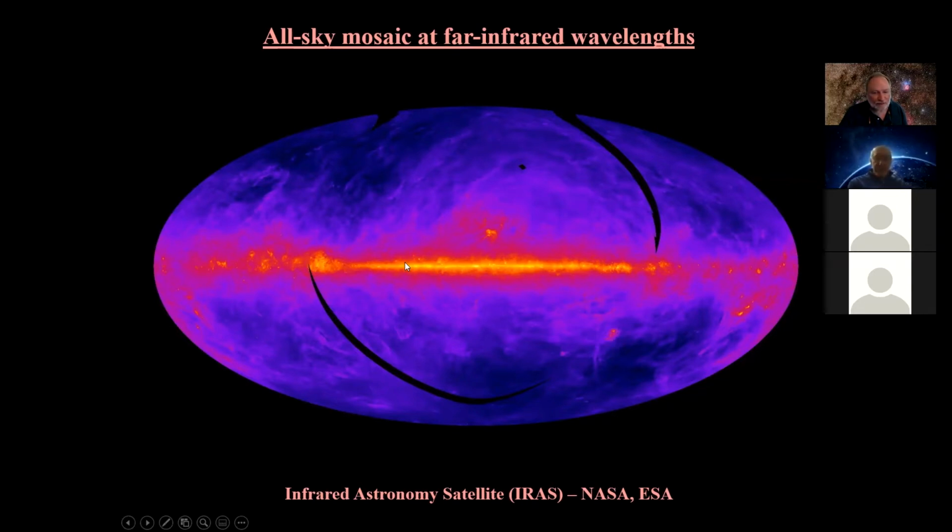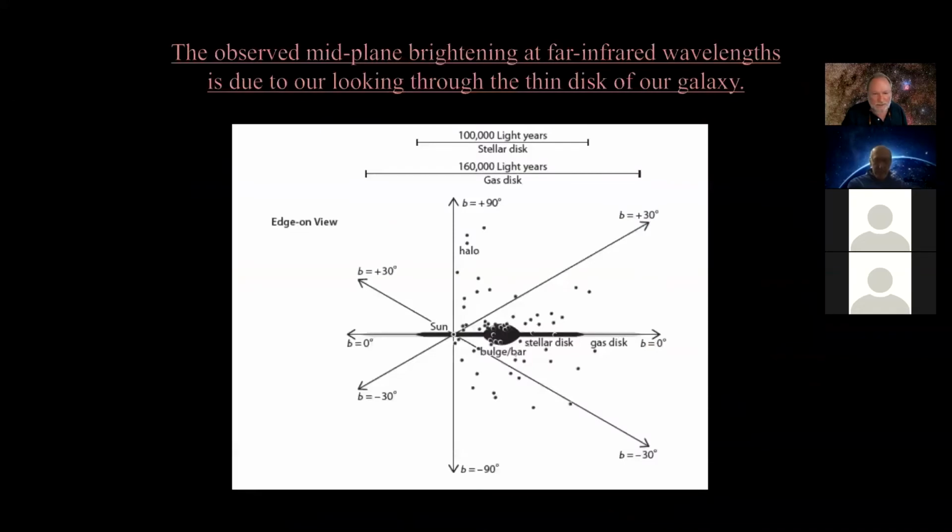And then everything kind of falls off with galactic latitude. There are some things that are poking out here and there, the Cygnus star forming region, but there is this intense mid-plane brightening.